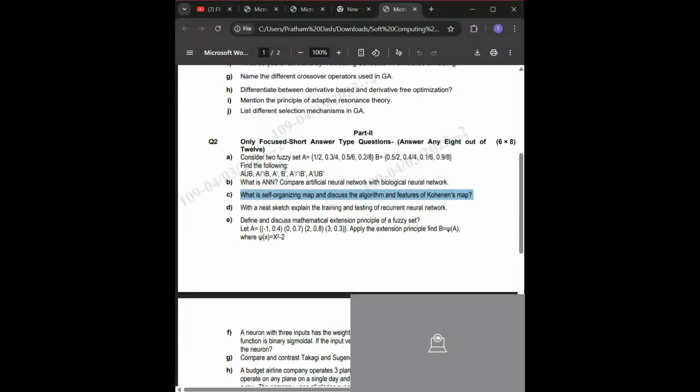These are the features: unsupervised learning, topological preservation, dimensionality reduction. So we need to understand two things. What is topology, map, learning rate, neighborhood radius.